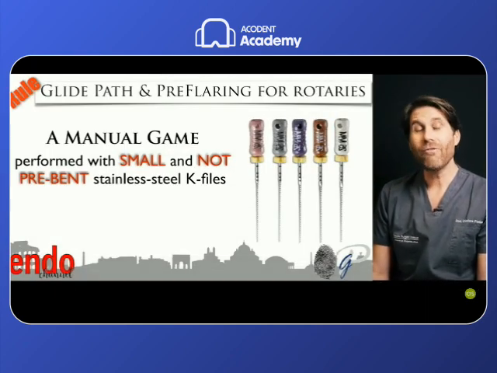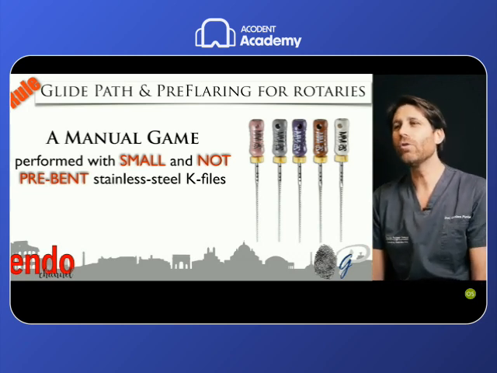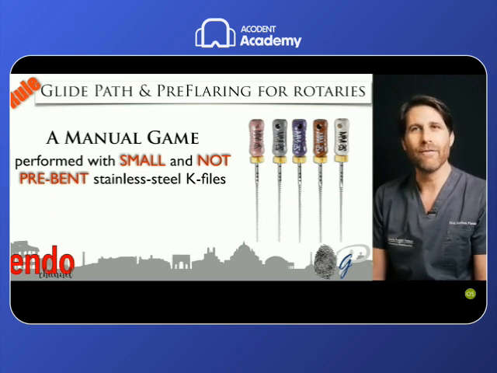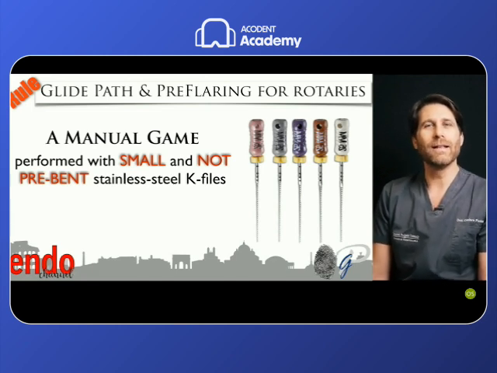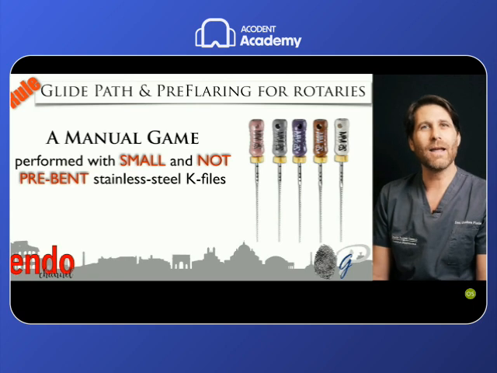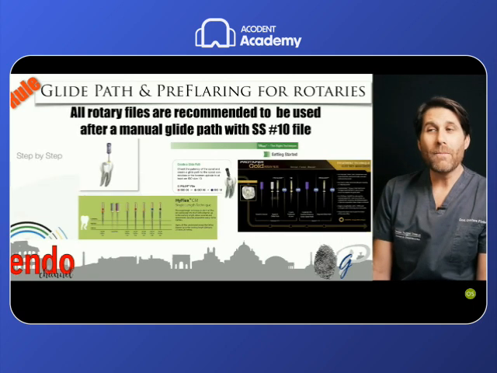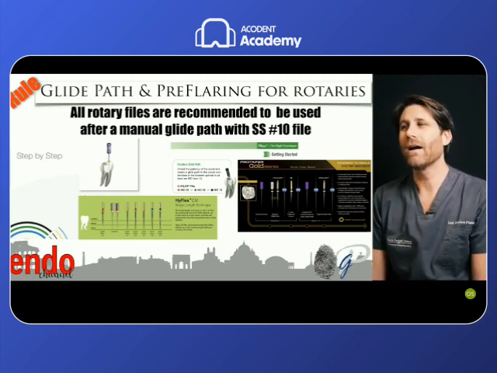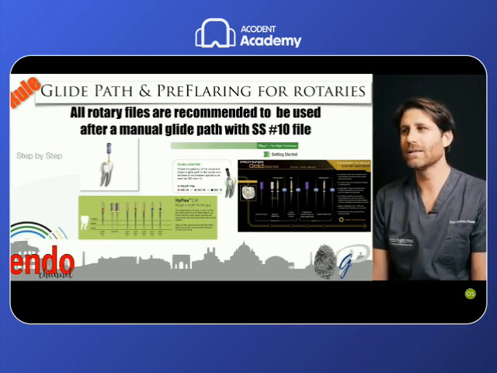Then for some rotary files, we cannot stop at 10, and we also need a pre-flaring with a 12 or 15 stainless steel file to create a space that is the same as the tip size of the first nickel titanium rotary files that we should use. So it depends on the instrument that we will use, but all rotary files are recommended to be used after a manual glide path to at least a stainless steel 10 file.